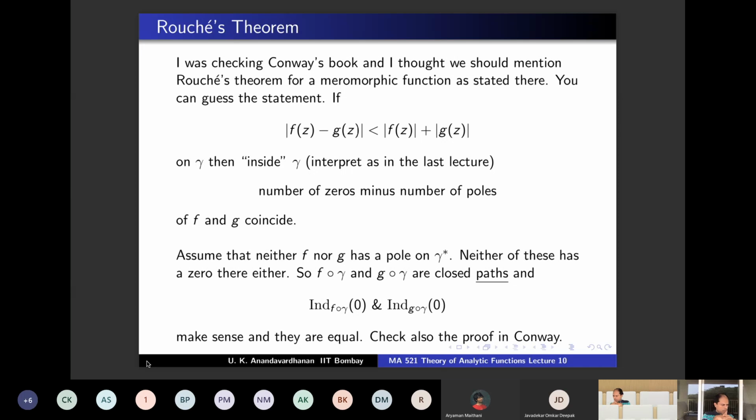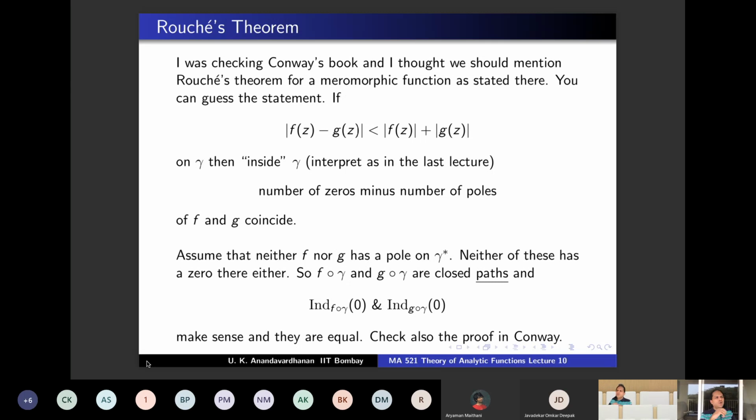So we are ruling it out on gamma star, and that's okay because even in our homotopy proof, we are ruling out that 0 is on gamma. So there it was okay.